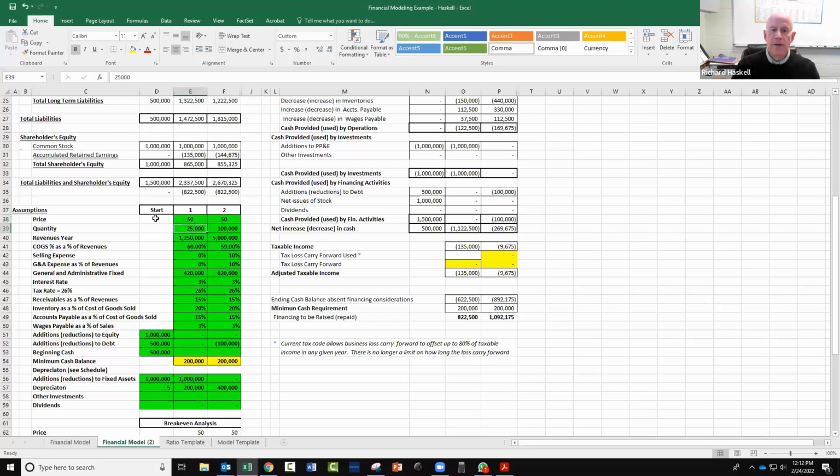So that's the 25,000. Those are input directly, and they result then in this revenue for each of the years. I'm going to go ahead and remove the green from these because you don't have to input those values. Those values are the result of these values that you already input.